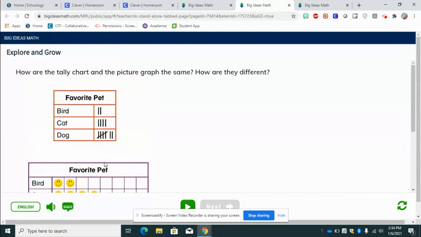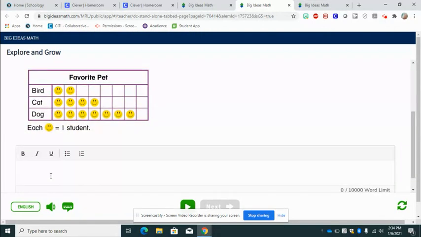So we have to tell how they are alike and how they are different. They are alike because they show the same data, which means they have the same numbers for each one. For the bird, cat, and dog, both of the charts have the same data.